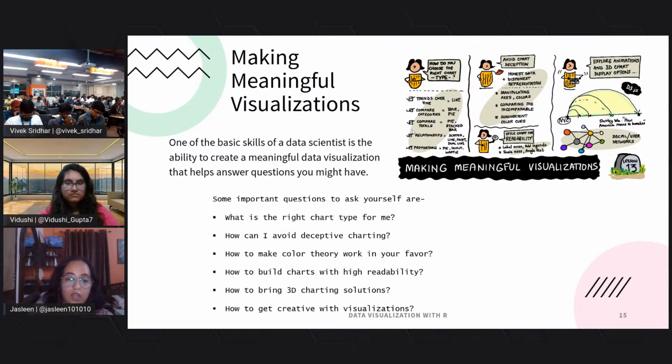The next question is avoiding deceptive charting. So we'll discuss this in the next slide. What do I exactly mean by deceptive charting, and how to make color theory work in favor for you? So for example, color theory, we have all these apps. We have Facebook, it has blue color, it gives us this vibe. So basically, color theory associates colors with emotions.